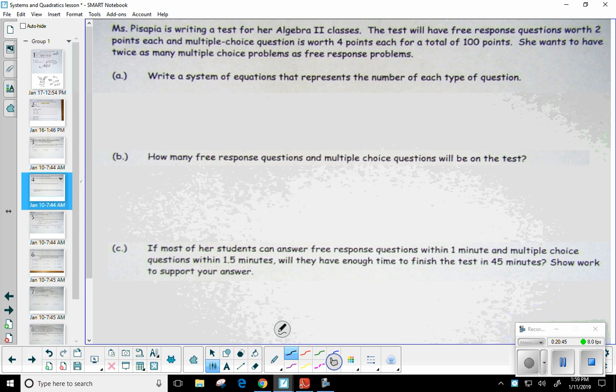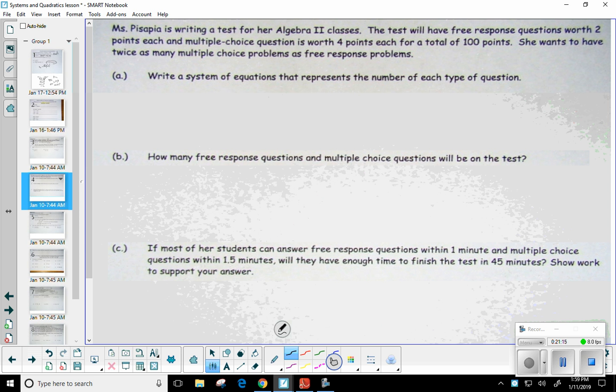Now, you've seen these story problems, these word problems, for a very long time in your academic career. The first thing I always suggest is labeling your quantities. Zoe, what variables would you like to use? X and Y. Okay, so what are the quantities we're talking about? We have free response and multiple choice.